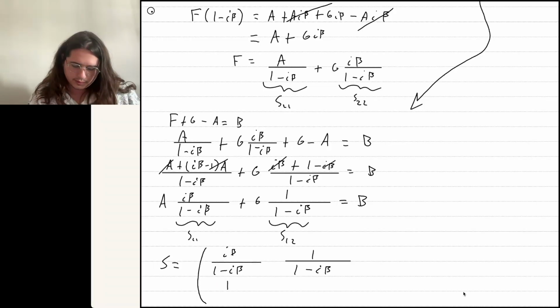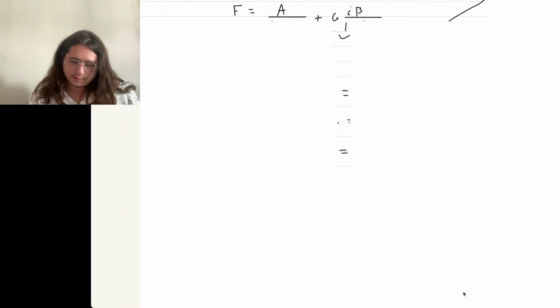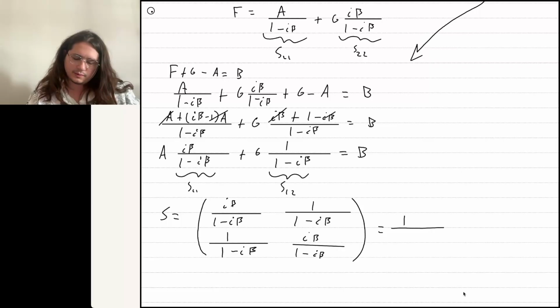It was 1 over 1 minus iβ. And then S22 is iβ over 1 minus iβ. Cool. We can simplify that greatly if we just pull out the 1 minus iβ thing, though. So you get 1 over 1 minus iβ times the matrix iβ, 1, 1, iβ.